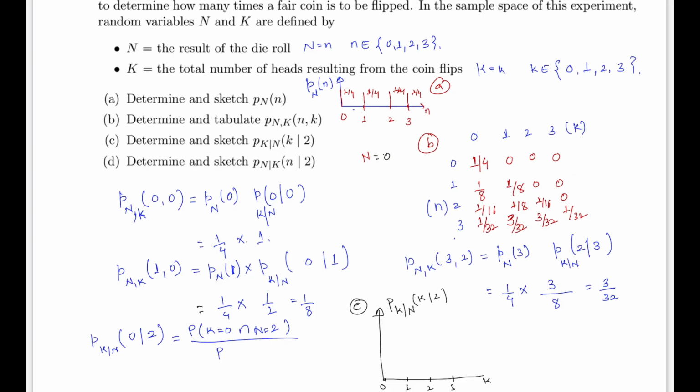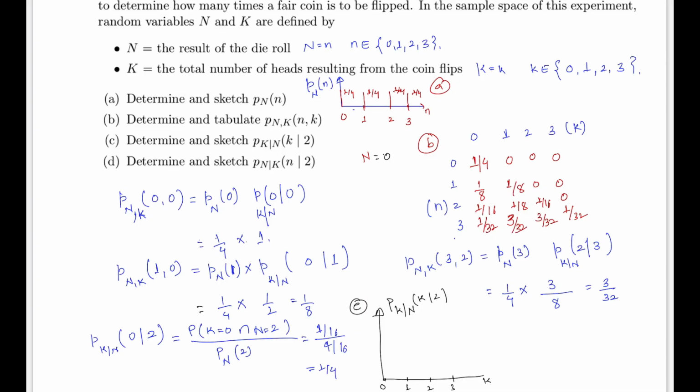The conditioning event is the marginal probability where random variable n takes the value 2. The probability of k equals 0 and n equals 2 is 1 divided by 16, and the conditioning probability is 2 plus 1 plus 2, that is 4 divided by 16. So that will be 1 divided by 4.